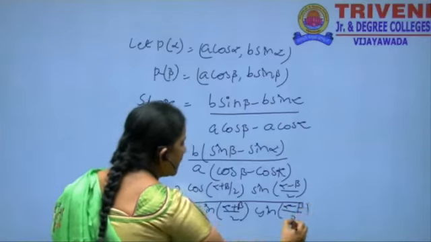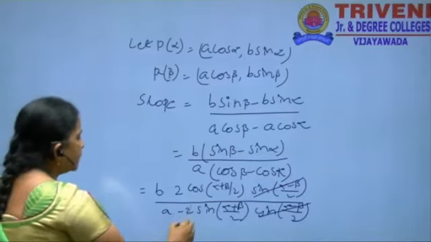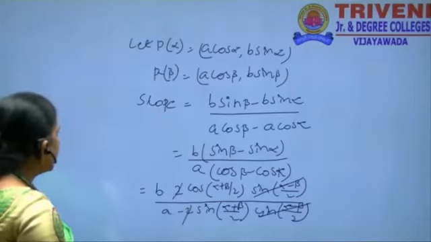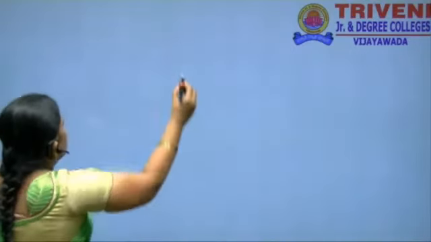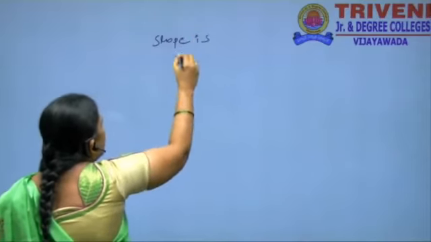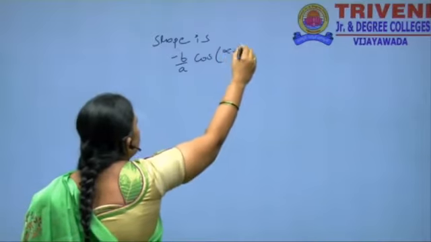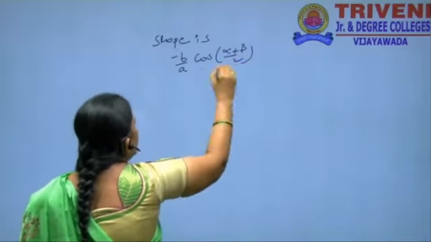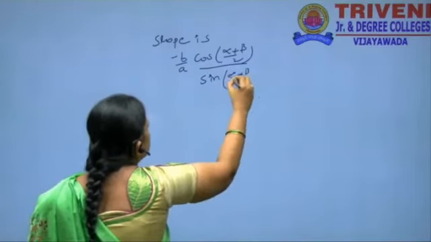Sin of (alpha minus beta) by 2 gets cancelled here, 2 gets cancelled here. Then the slope is minus b by a cos of (alpha plus beta) by 2 by sin of (alpha plus beta) by 2.